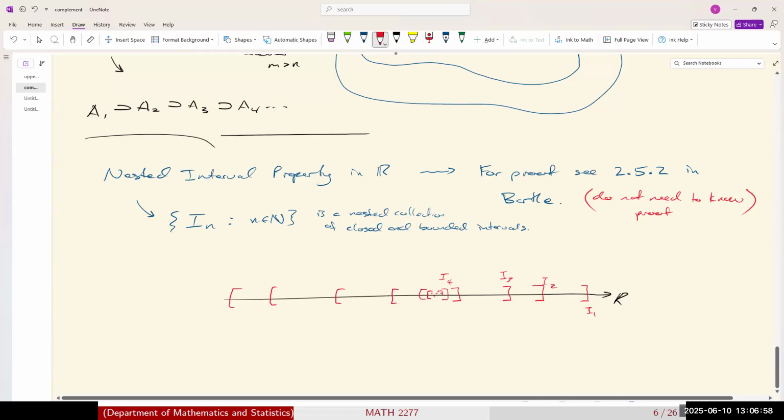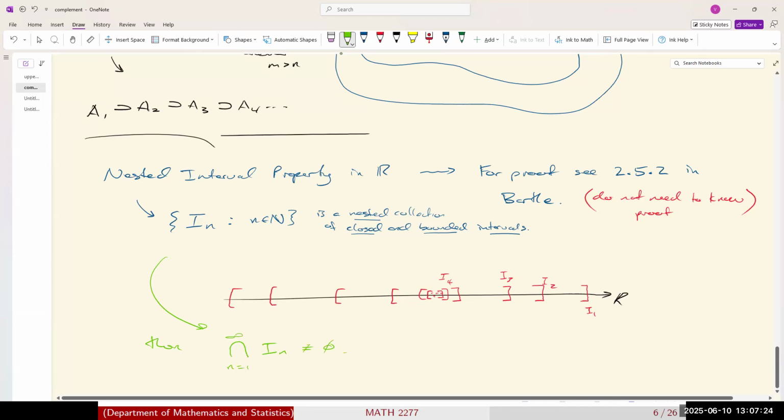So the intervals are closed. It's a nested collection of closed and bounded intervals. This is saying if you intersect all these together, then the intersection of all these intervals is non-empty.